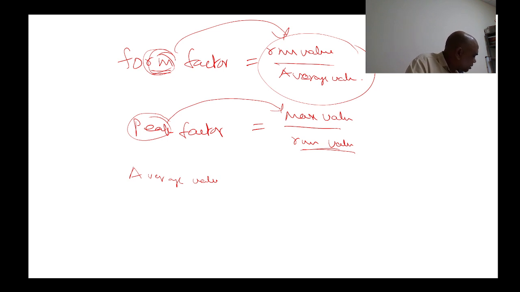So what is the average value? We already found it for a sine wave: the average value is 2 Vm by pi. What is the RMS value?